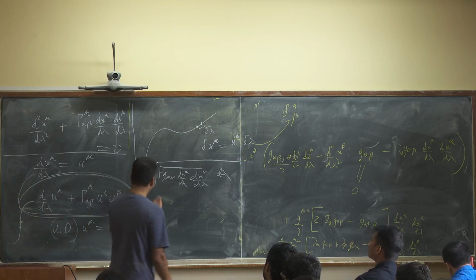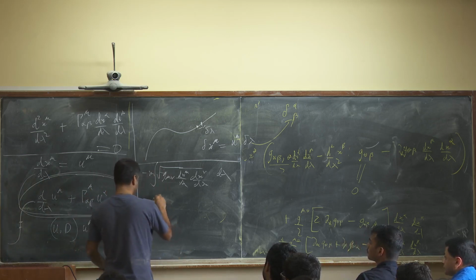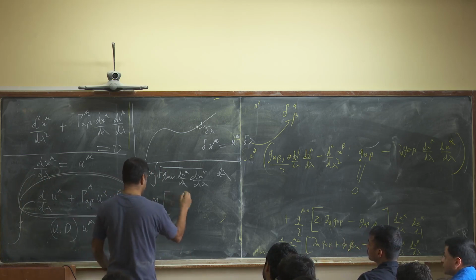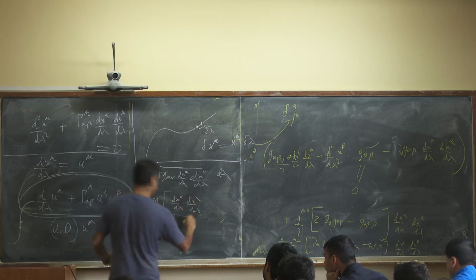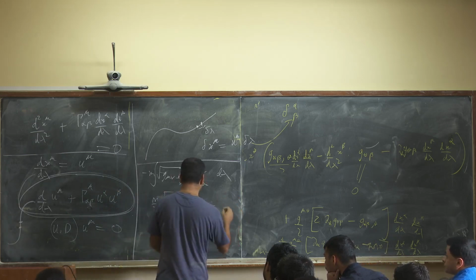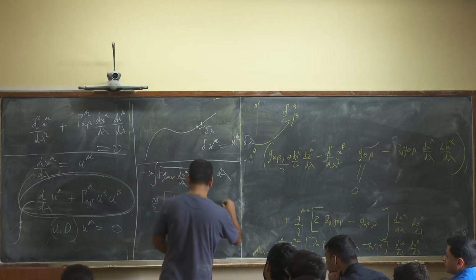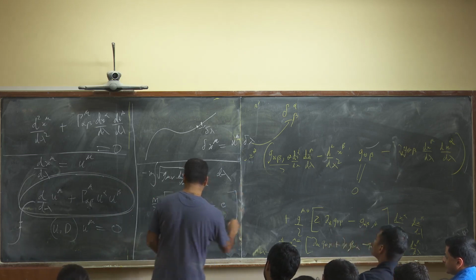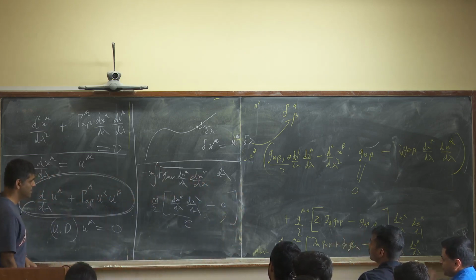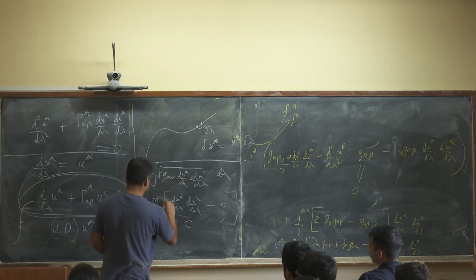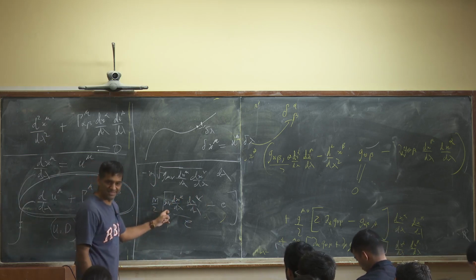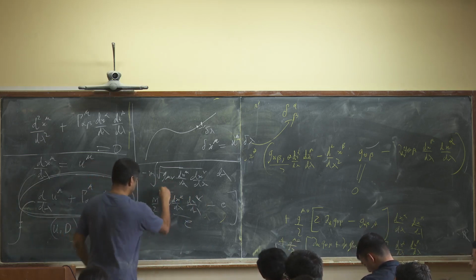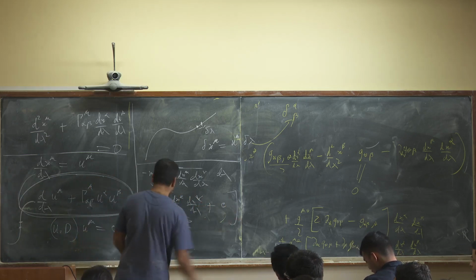Then what I did was to say that this was equivalent, if I got this right, to some dx mu by d lambda dx nu by d lambda by 2, with an e and a minus, e, g mu nu. Can somebody help me get the signs right? What are the signs? Minus and a plus. Excellent.